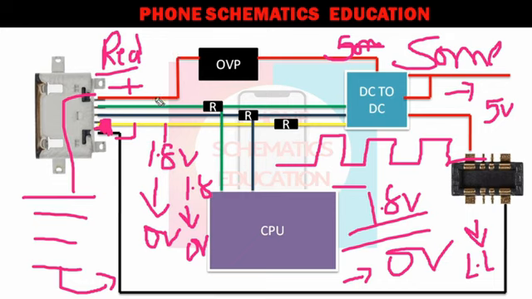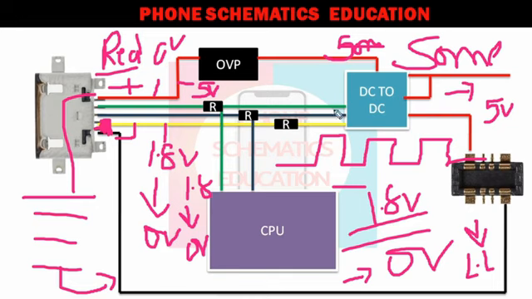When you disconnect the charger, on this line you will get nothing, 0 volt. After you connect the charger, you will get 5 volt here.